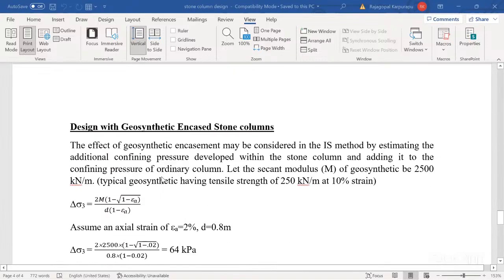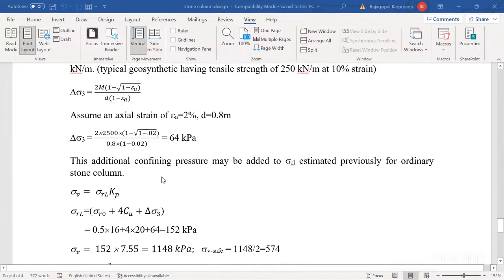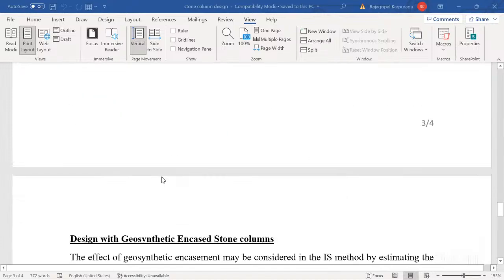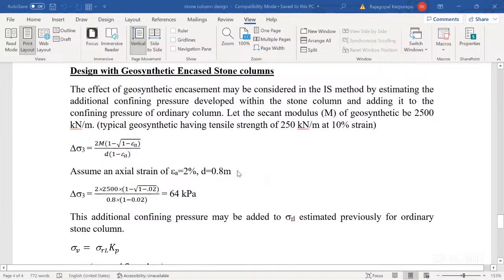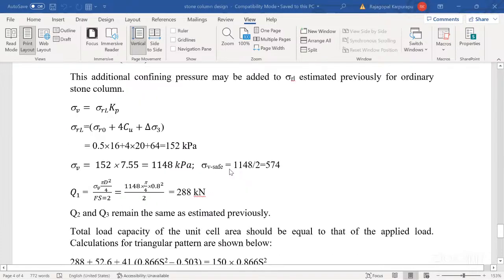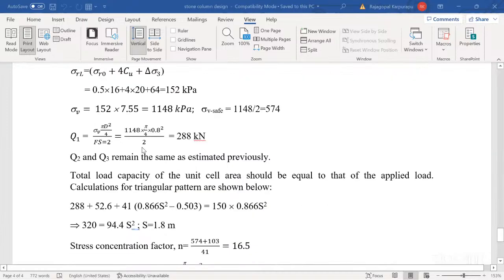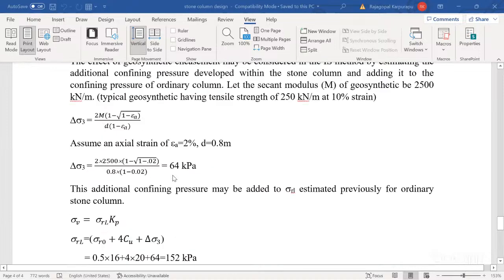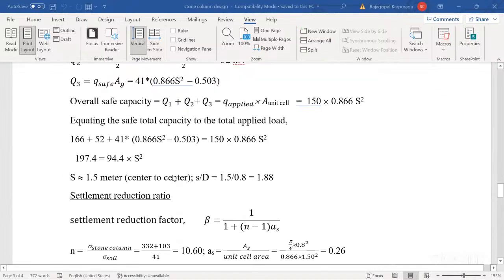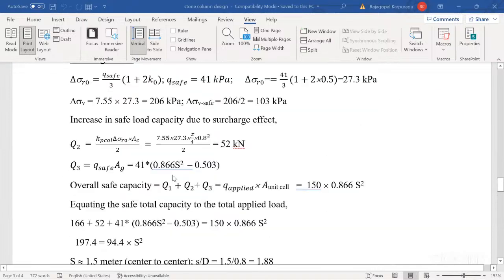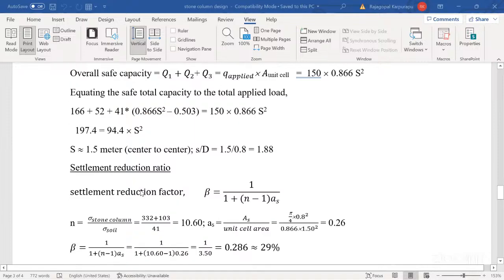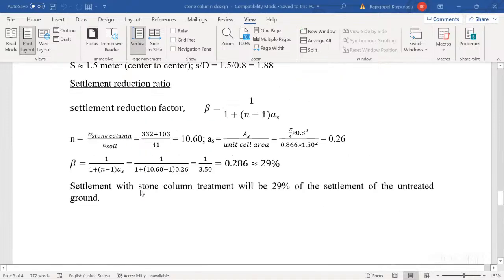Actually, this is done with a clay strength of 20 kPa. So we see different numbers. The Cu is taken as 20, and with the geosynthetic, the spacing comes to 1.8 meters, and without the geosynthetic, the spacing in the triangular pattern comes to 1.5 meters.